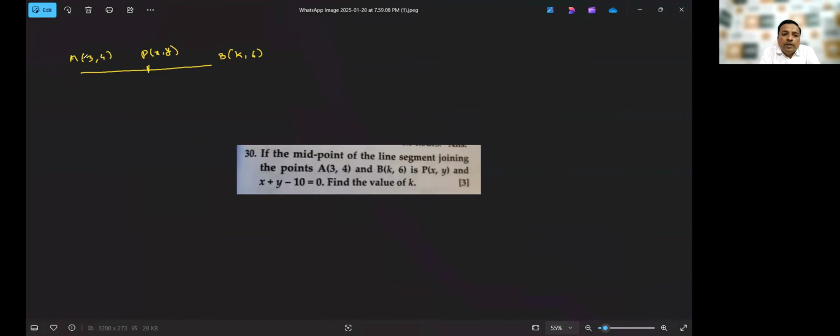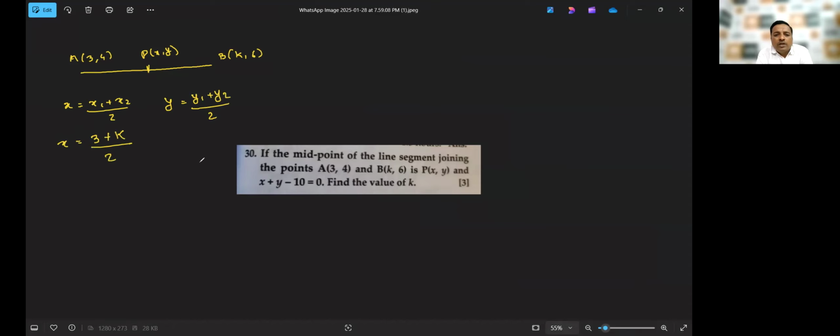Find the value of K. Then we have to use midpoint formula. क्या होता है? x is equal to x1 plus x2 divided by 2, and then y is equal to y1 plus y2 divided by 2. So x1 is 3, this become K, and this become 2.